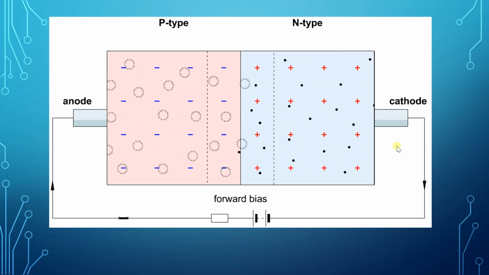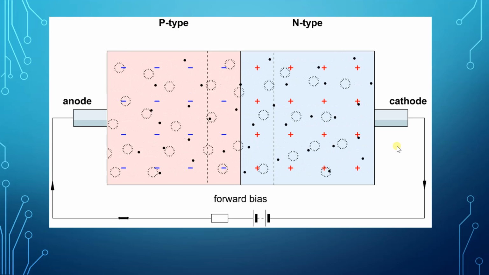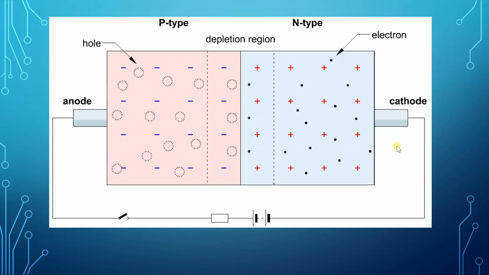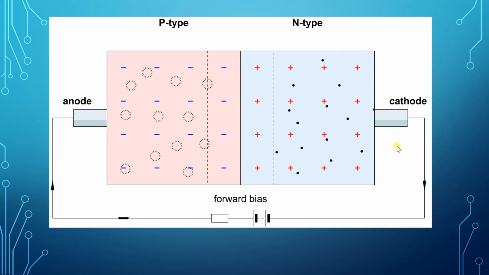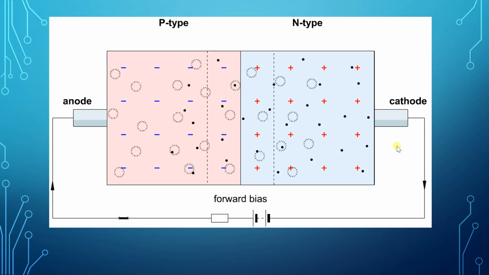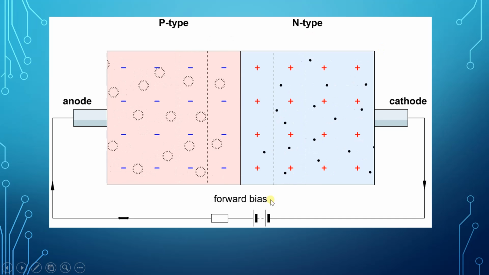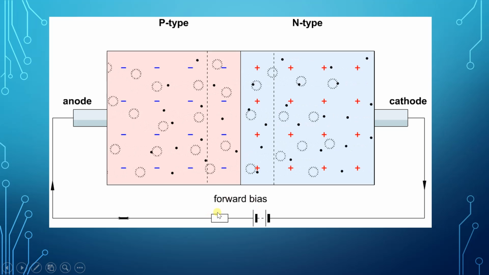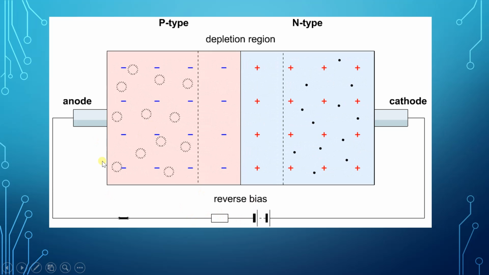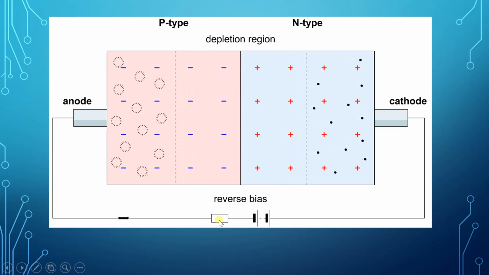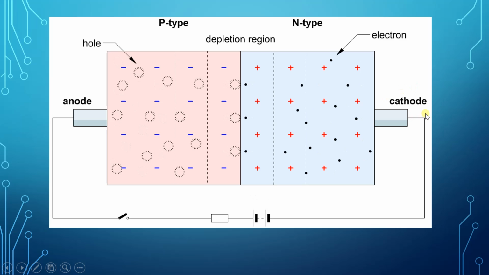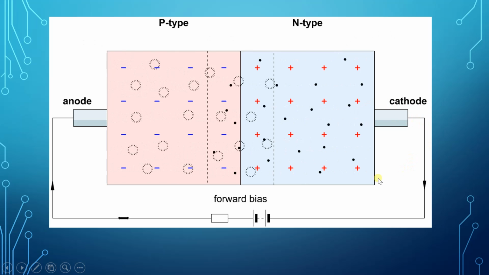This diagram shows how the forward biasing takes place in the PN junction type and how the depletion layer is formed. This is my P side and this is N side, and this is forward biasing. Forward biasing means when the P type is connecting to the positive of the battery and N is connecting to the negative side.